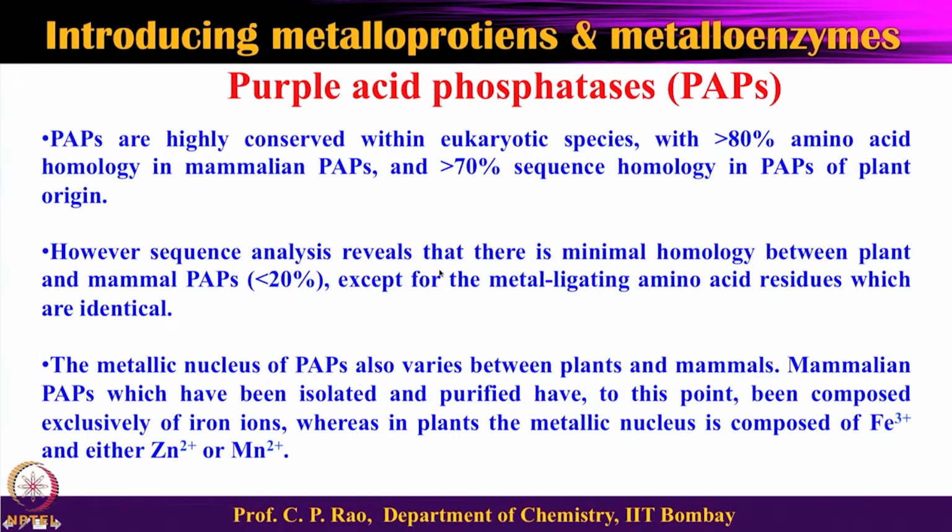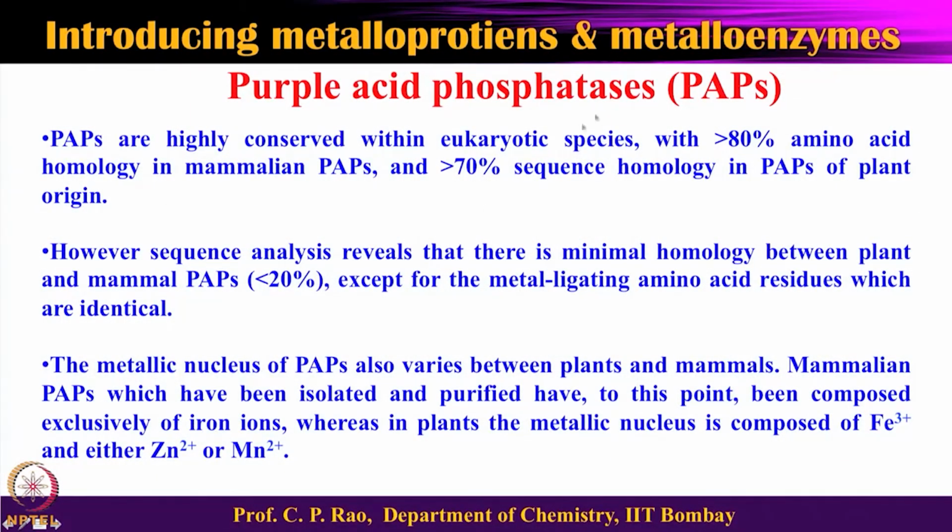Just like we have used the short form RNR for ribonucleotide reductase, let us use the short form PAP for purple acid phosphatases. Again, if you look at the metal centers, between the plants and the mammalian there is a difference.